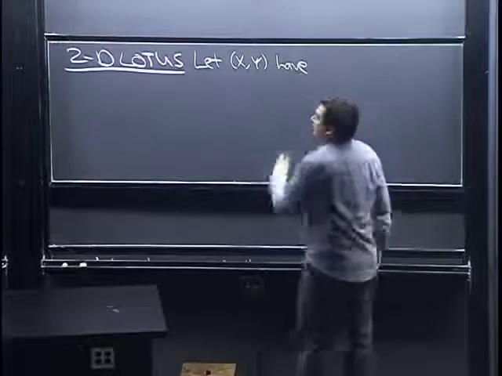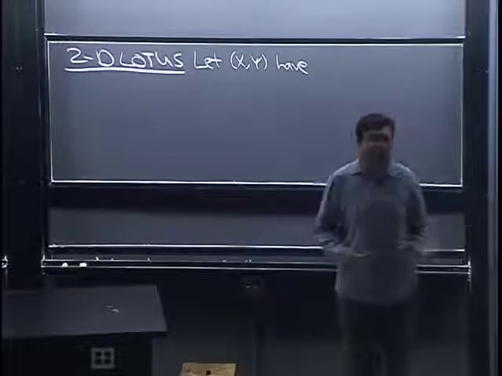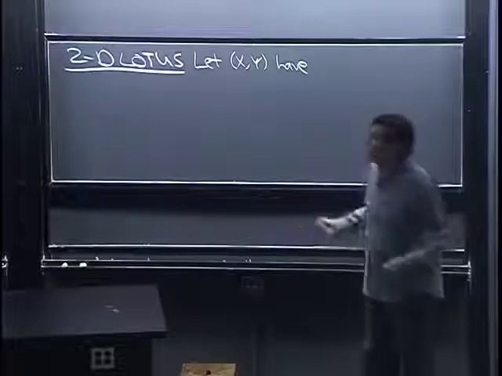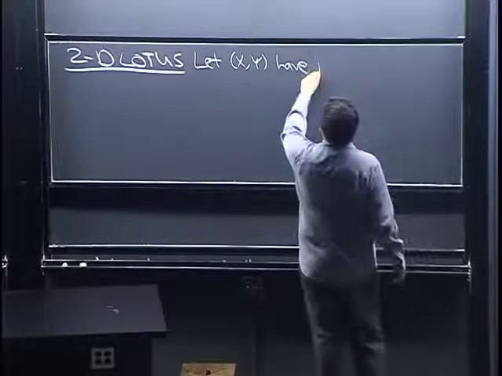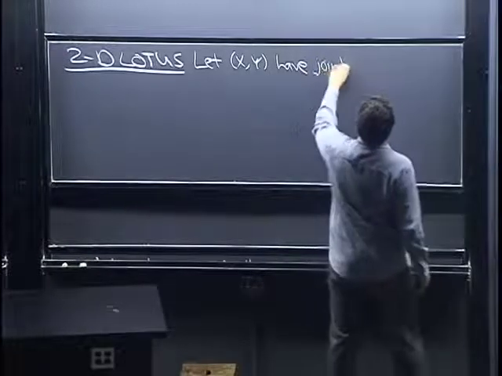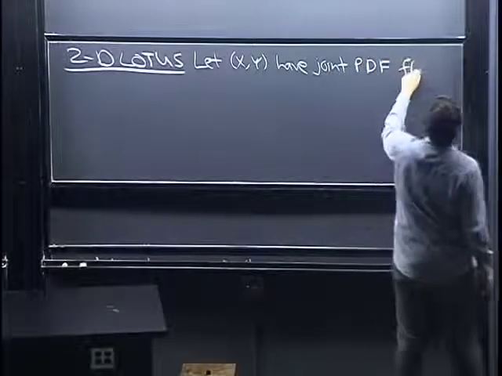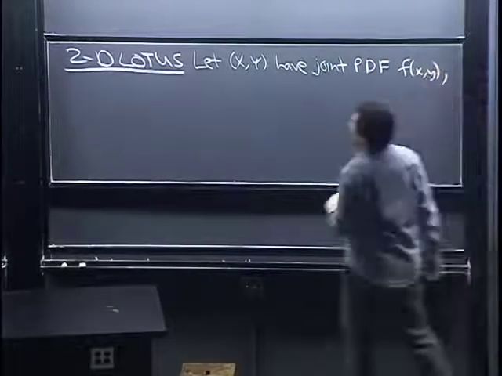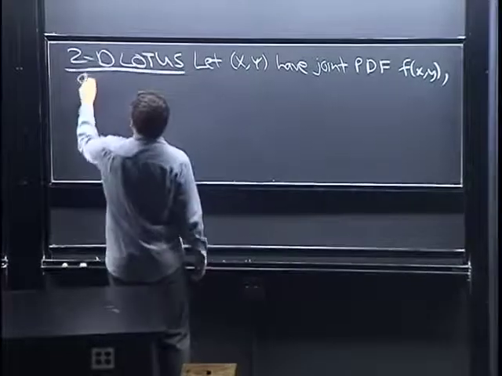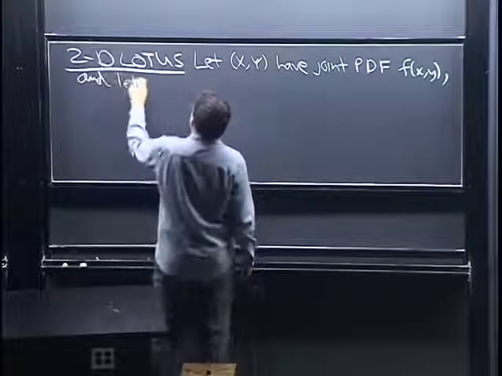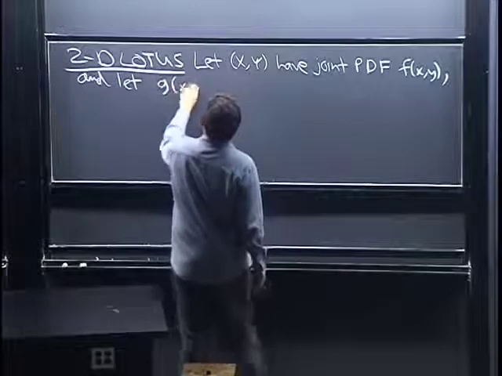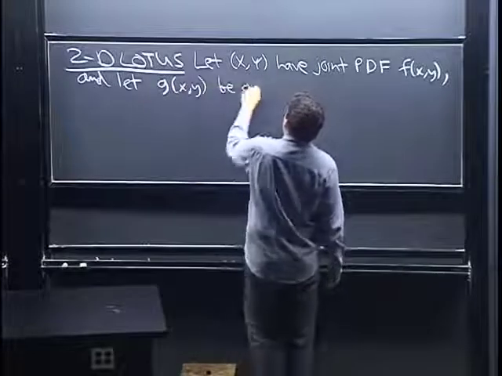I'll state it in the continuous case, but you could also do a discrete 2D LOTUS if you want. So we have a joint PDF, f of x, y, okay? And then just let g be any function of x, y. Let's say it's real valued.